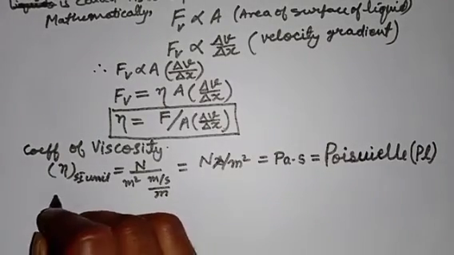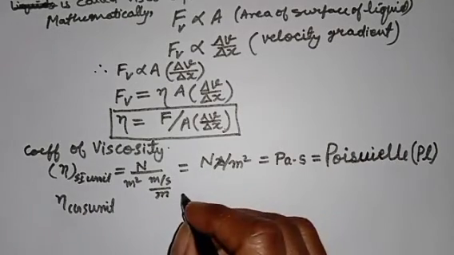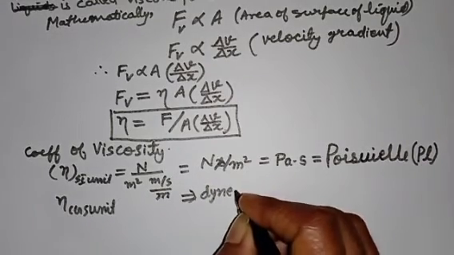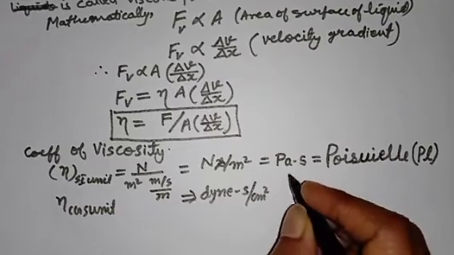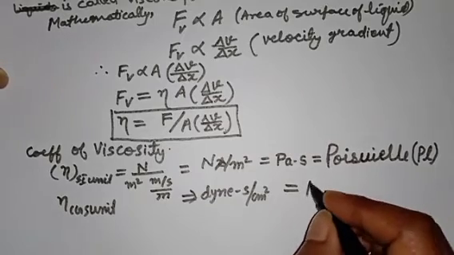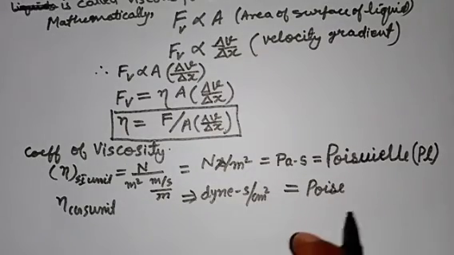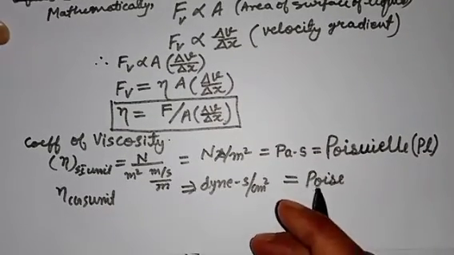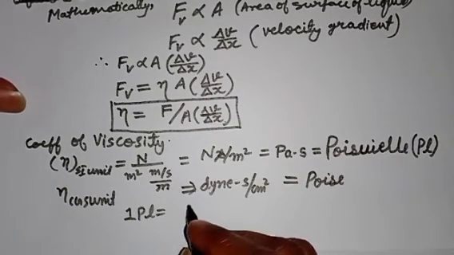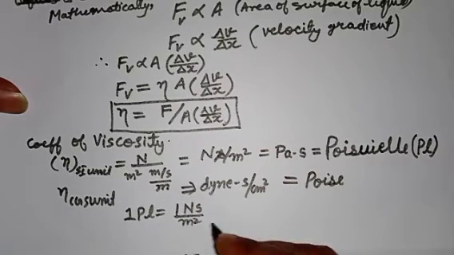And in CGS, this entire thing will change to Dyne second per centimeter square. There is no replacement for Pascal in CGS, so we'll move on. It is called poise. How many poise are there in one Poiseuille? One Poiseuille is equal to 1 Newton second per meter square.